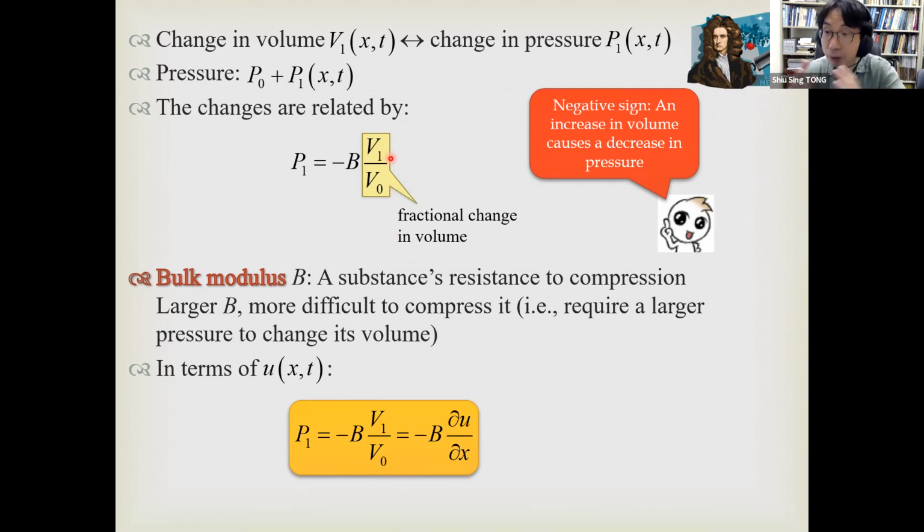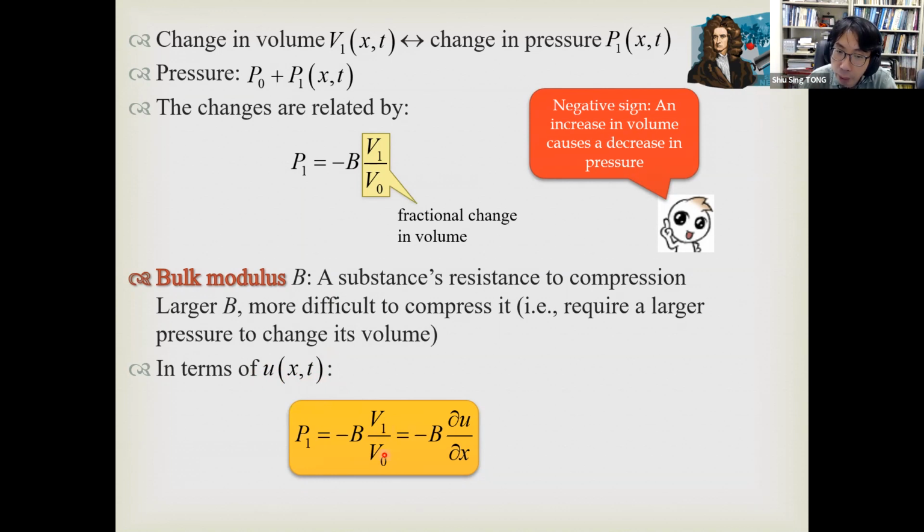So a larger value of B means the medium is more difficult to compress. And a small B corresponds to an easily compressible medium. You only need a small pressure change to make the volume change by a large amount.